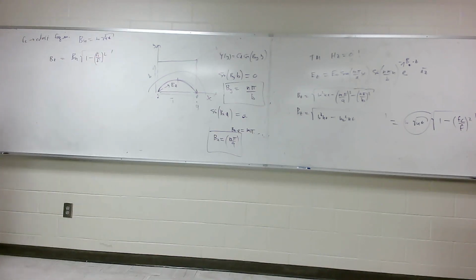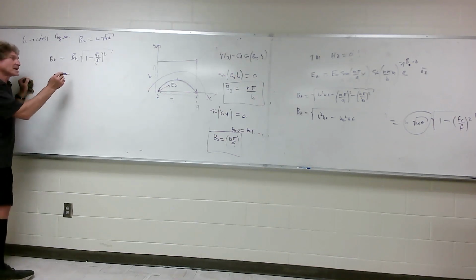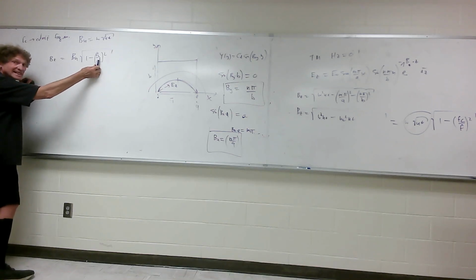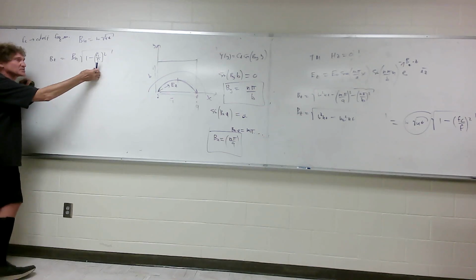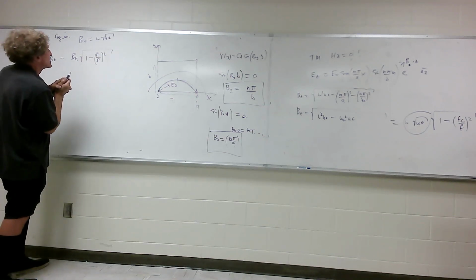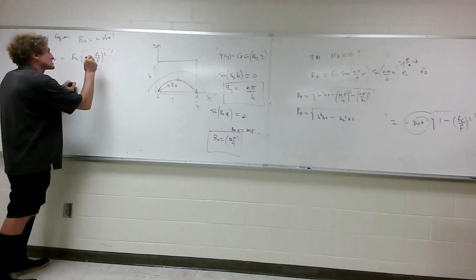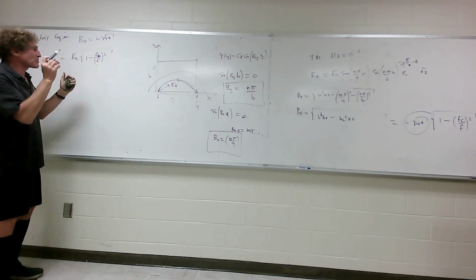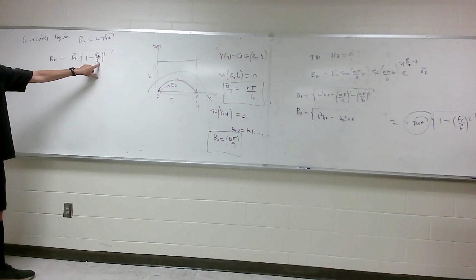Now, just listen to this. Remember, fc, I said, is the lowest frequency, the threshold where you can't propagate anything below that. Take a look at what happens when you're below the cutoff frequency. Suppose now my operating frequency is less than the cutoff frequency, just for a second.